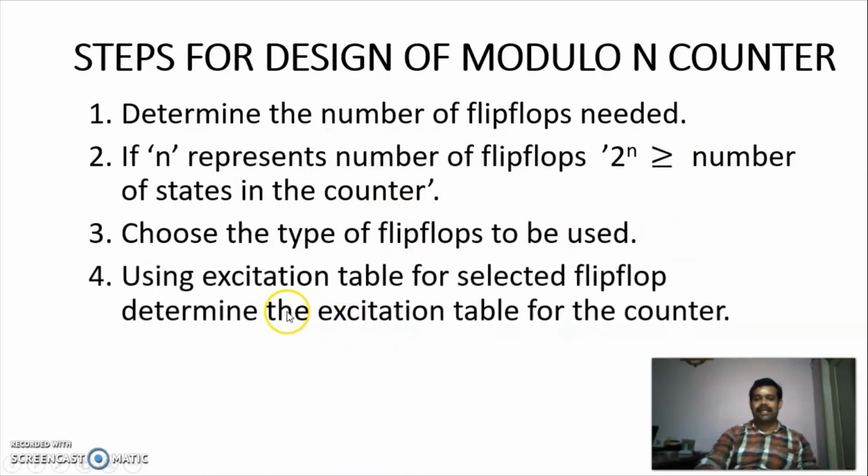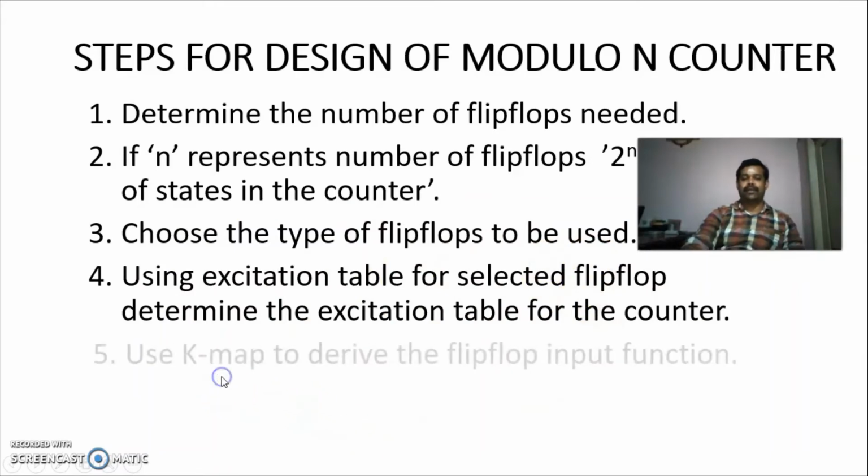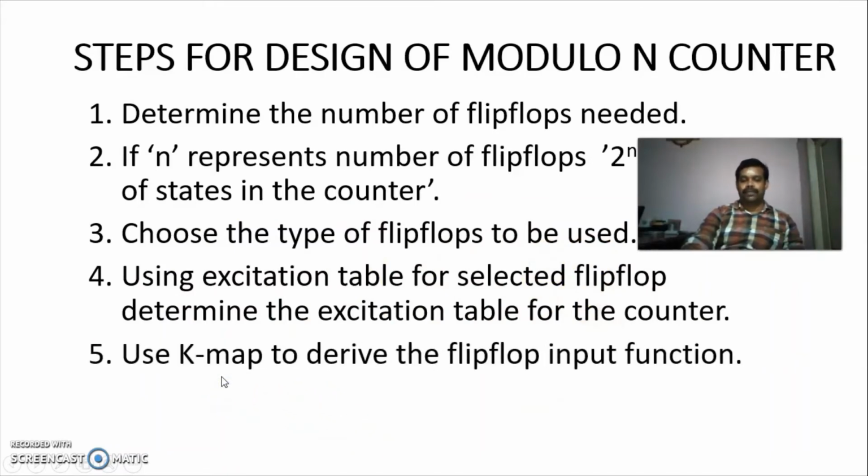Then using the excitation table for the selected flip-flop, determine the excitation table for the counter. Using K-map, we have to derive the flip-flop input functions. Then we have to draw the logic diagram.